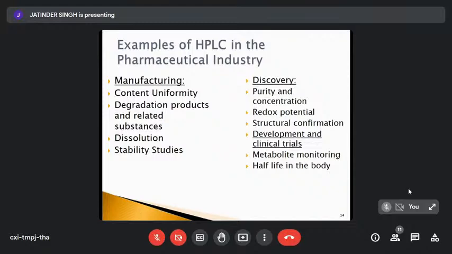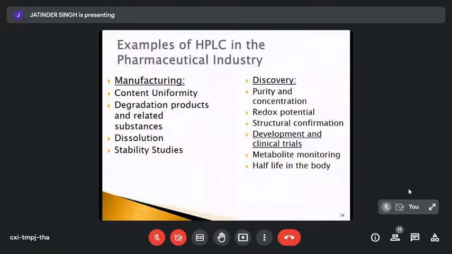Like paracetamol, if you have different concentrations of paracetamol in different tablets, then it is harmful for the patient. And dissolution and stability studies, for all these purposes, it is used in manufacturing.